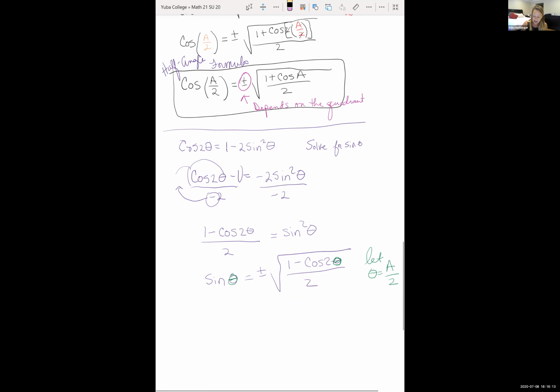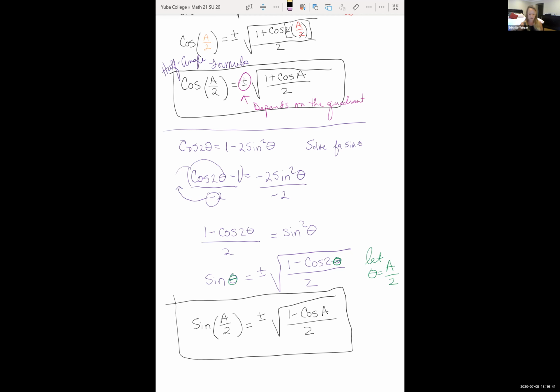That gives me sine of a over 2 equals plus or minus the square root of 1 minus cosine of a over 2 times 2, which is just a, all over 2. So they're almost identical, the half angle formulas. One just has a plus in between and one has a minus in between. And again, the plus or minus depends on the quadrant.